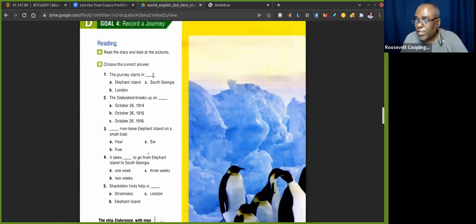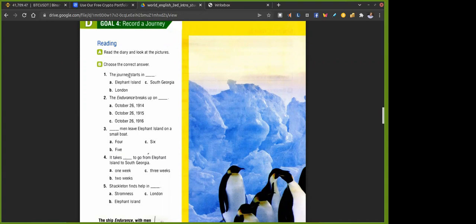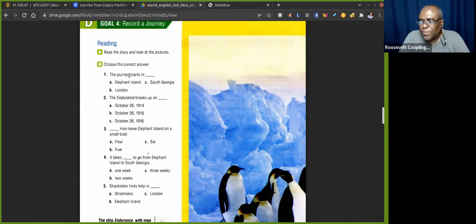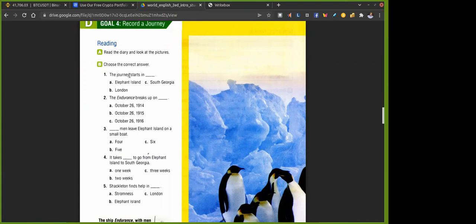The journey started in... We have 3 options in the book, page 74. Option B, London. It starts in London. Okay, very nice. And number 2, the Endurance breaks up on October 26th.